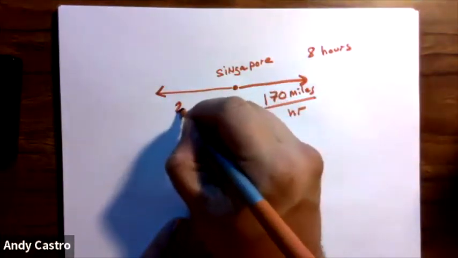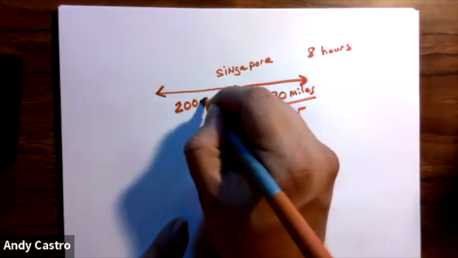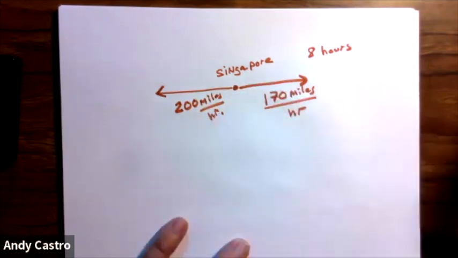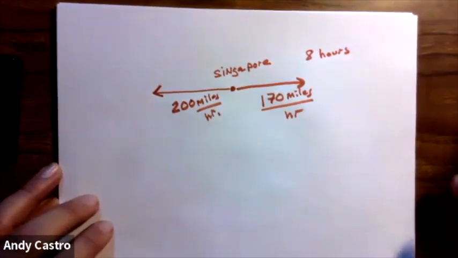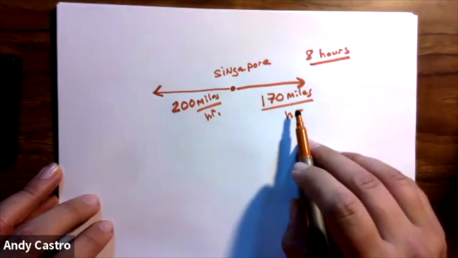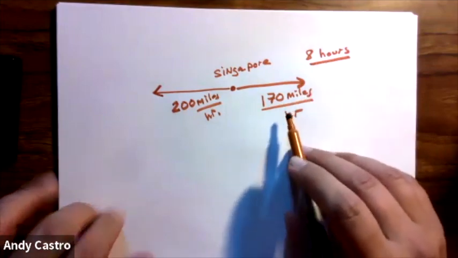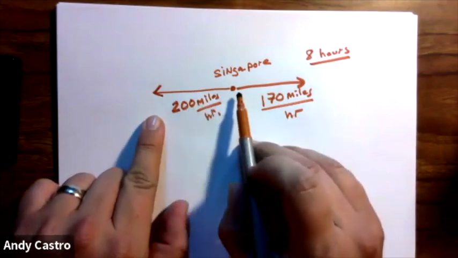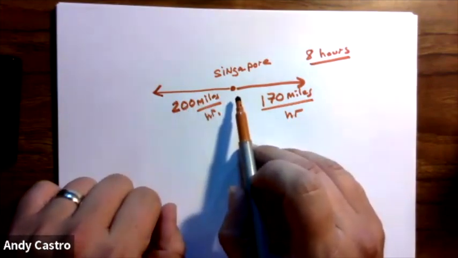And it's traveling at 200 miles per hour. You know that this plane is traveling for 8 hours, but what you don't know is how long this plane has been traveling because they do not take off at the same time.